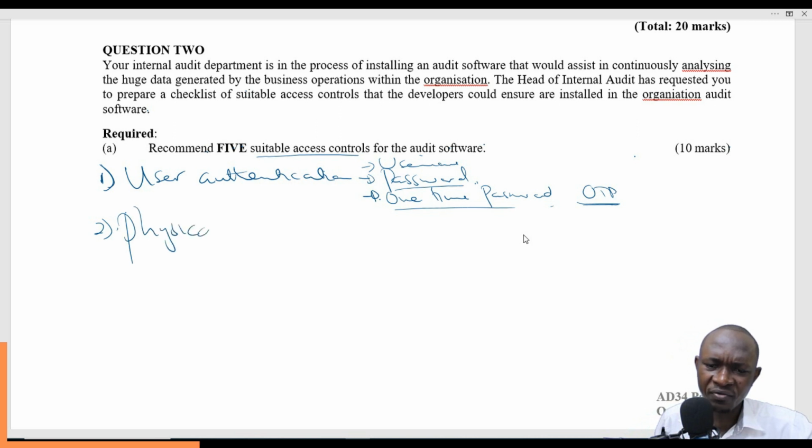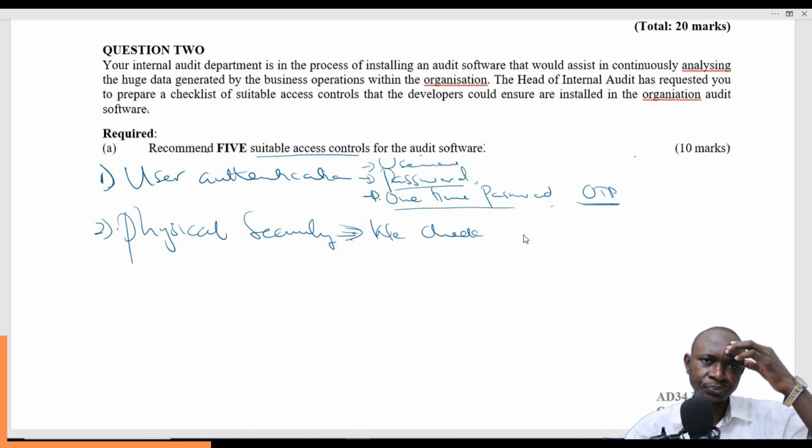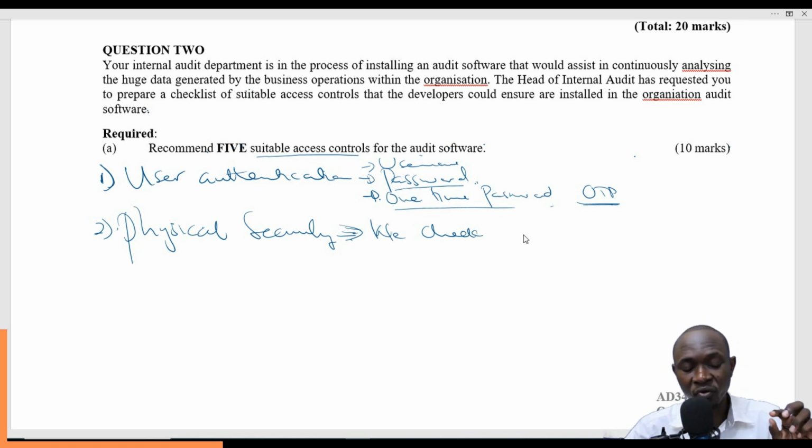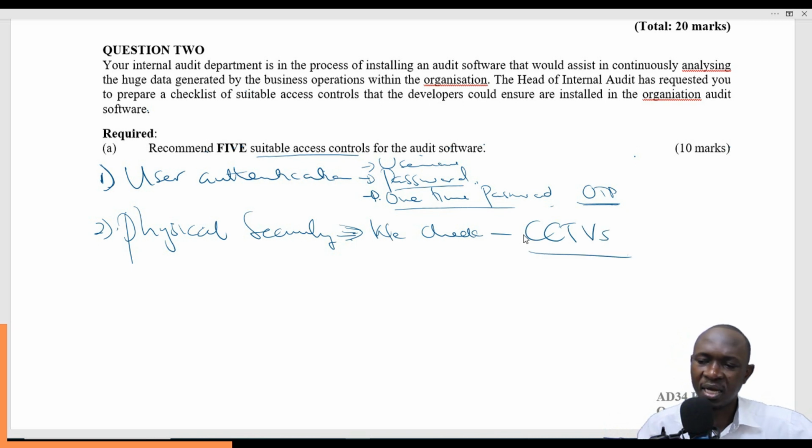Then we also have the physical security, and this is where we check just physically on where these systems can be accessed. What is very important here is that the infrastructure should be safe from attacks and unauthorized access, and we might make use of things like the CCTVs, especially if it's an office setup.